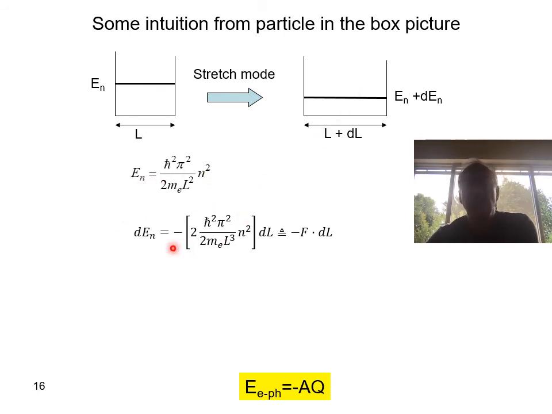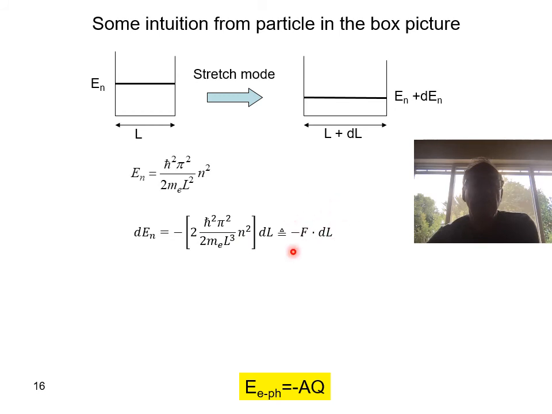If you would like, you could take the expression that we know that describes the energy, take the derivative, and we get that there is a linear relation, and this is the factor that controls the change in energy.